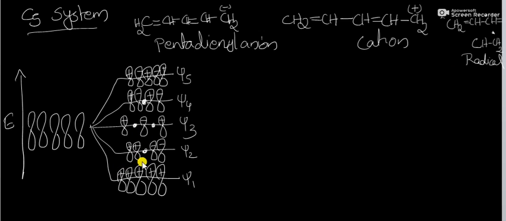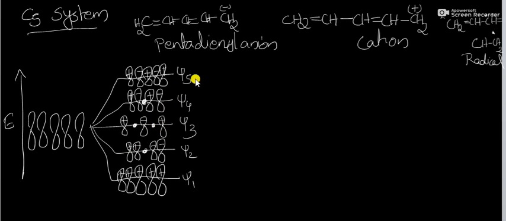Then this is the MO diagram, Psi1, Psi2, Psi3, Psi4, Psi5. Again, this is the non-bonding molecular orbital, and for Psi1, all the symmetries are positive. In the case of Psi2, the symmetry is plus plus, node, minus minus. Then in the case of Psi3, plus node minus node plus.